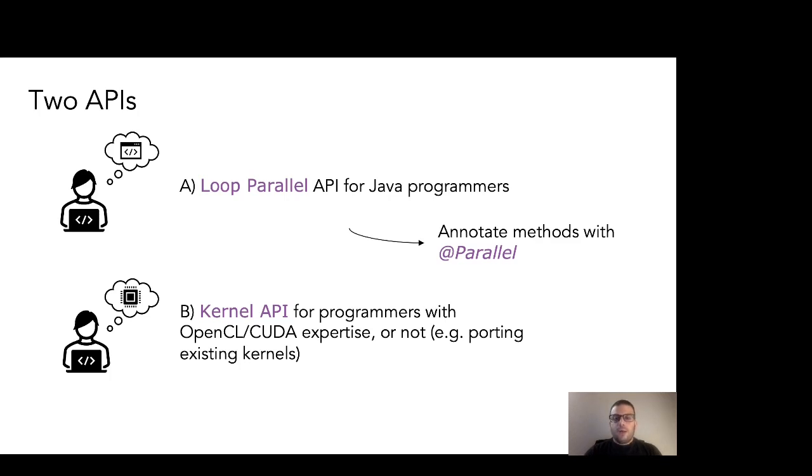Or for programmers that don't have this experience, but have some existing kernels written in OpenCL, and they would like to exploit them from Java. So this gives them the opportunity to rewrite them with Java. And in a sense, they can use the kernel context API, the kernel context object, that exposes all these features. I will show you an example to make it clear.